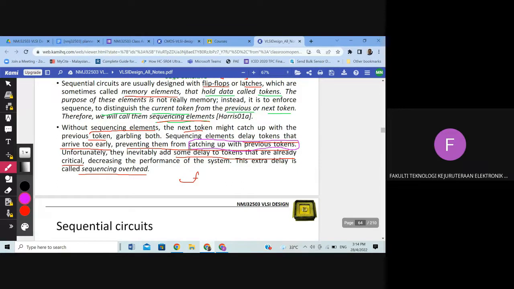But if you don't design it properly, you will not get that data. You will get different data due to the difference in the arrival time of the inputs, either input A or B of the multiplier.